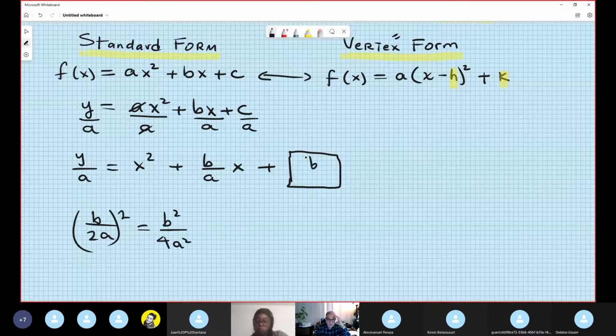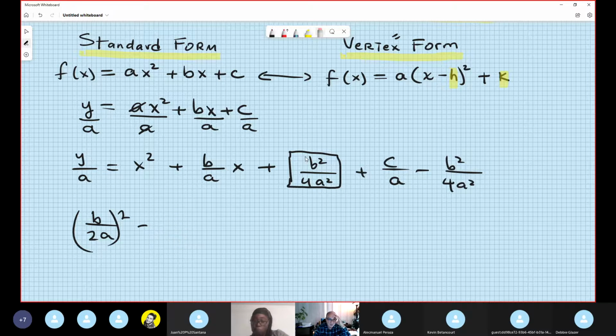And this is the magic number, b squared over 4a squared. Plus c over a, to get the original, I bring this guy and subtract b squared over 4a squared, because remember I put this coefficient in totally artificially in order to complete the square.